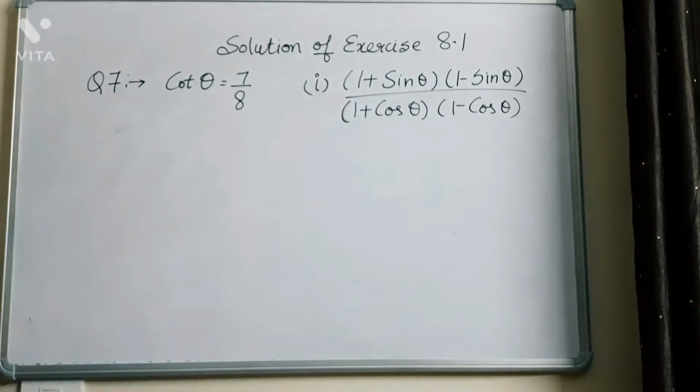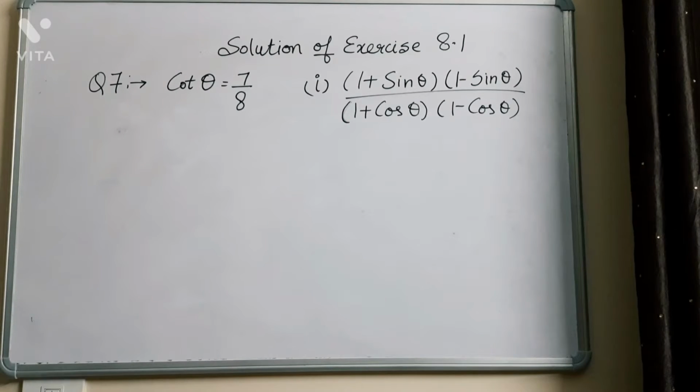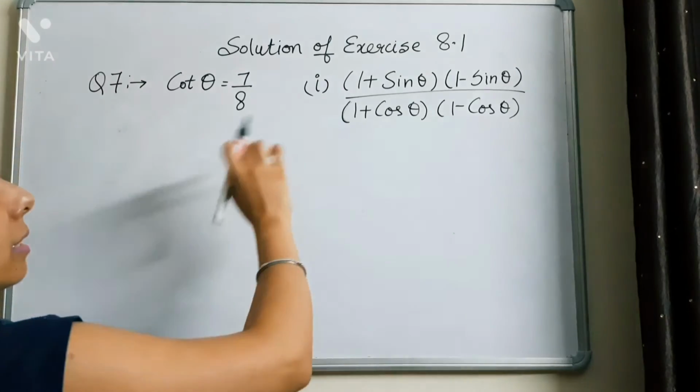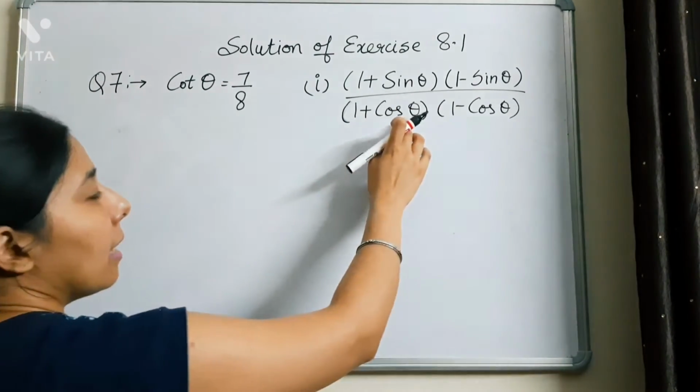So you are given only the cot theta, and you have to calculate the value of this, in which you have to use the sine theta and cos theta also.